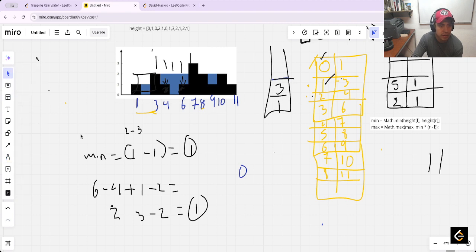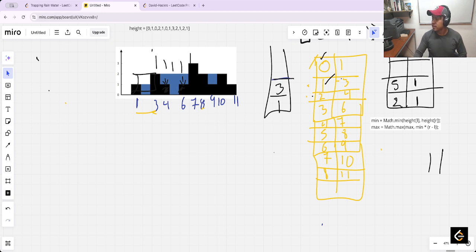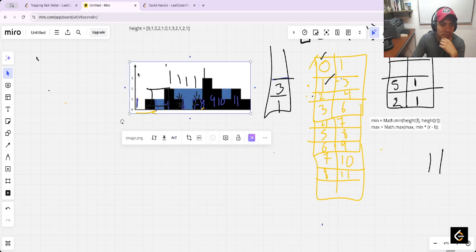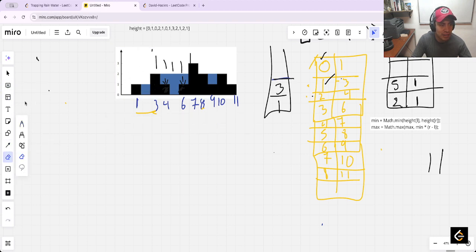Okay, this is done. Does this approach make sense? I'm not sure, because usually with these kinds of problems you discover at the end, oh my gosh, I was on the wrong way. But until now, for me, it makes sense.